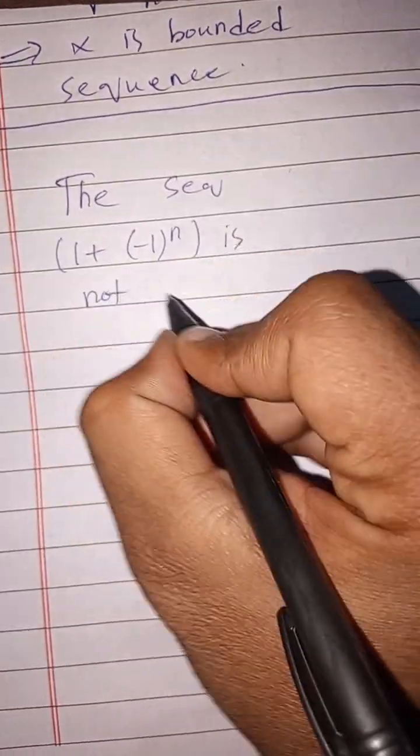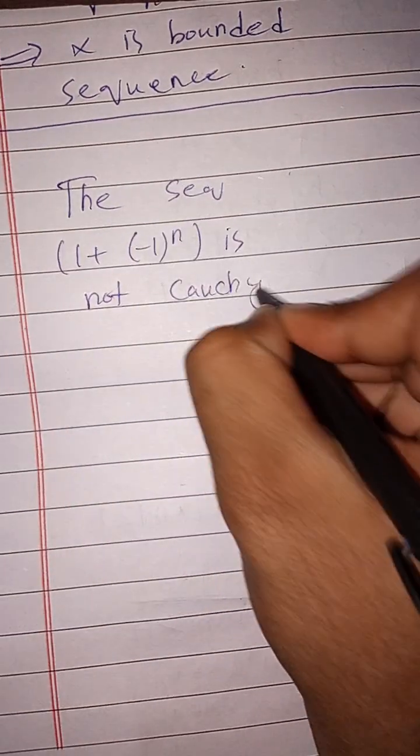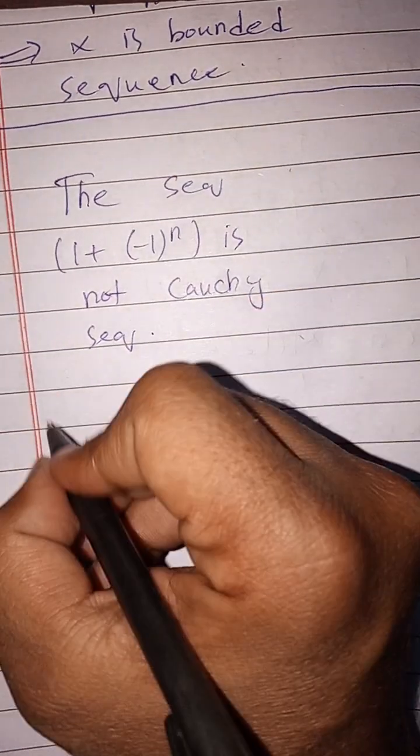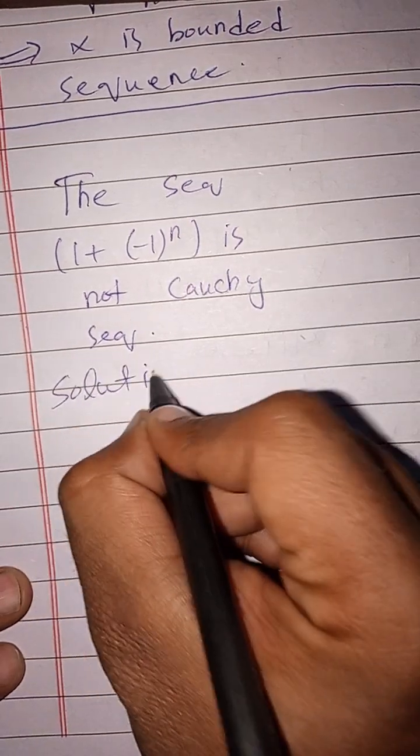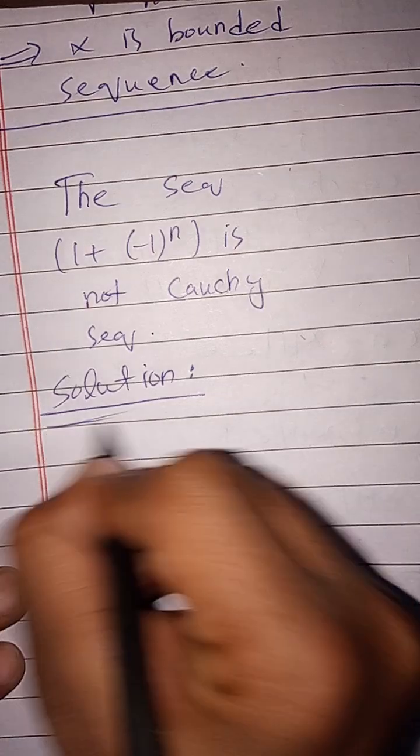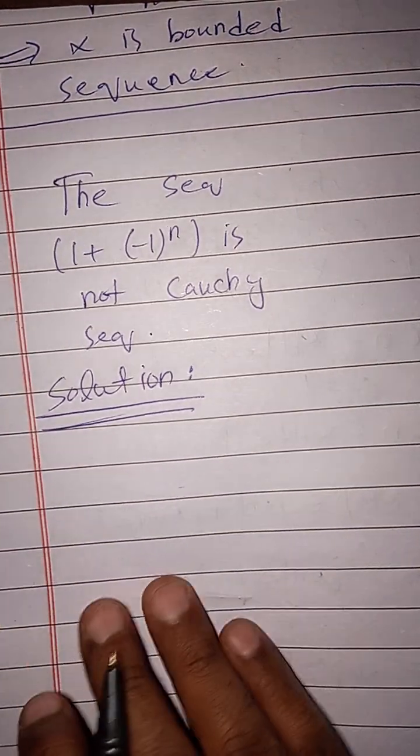It is not a Cauchy sequence. We have to show that. The solution is here. How can we prove that?